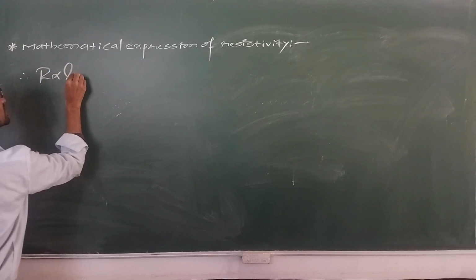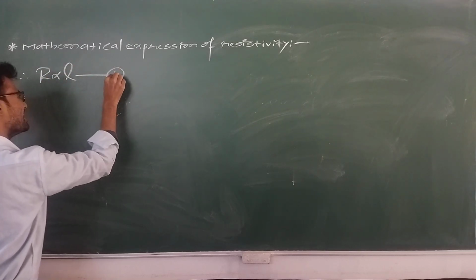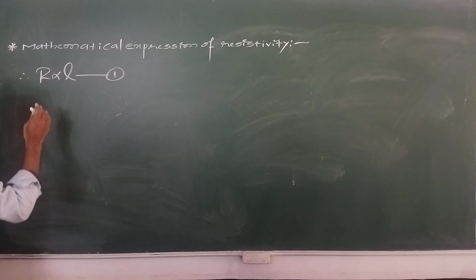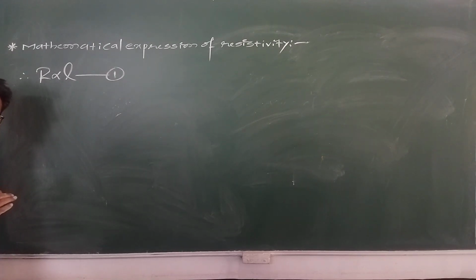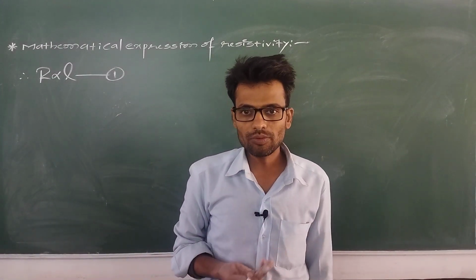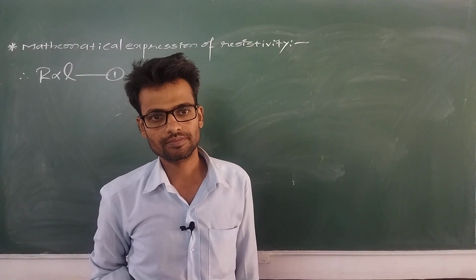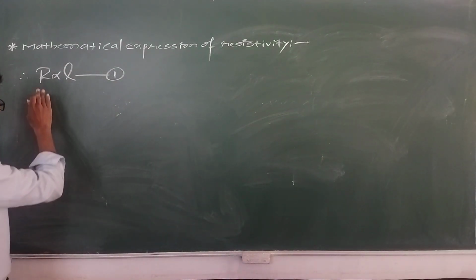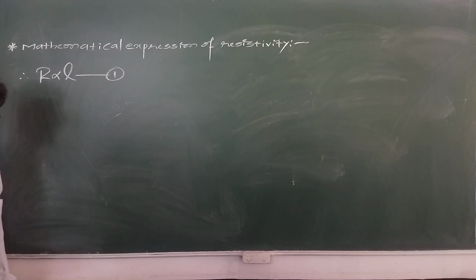It means if the length of the conductor is more, then resistance is also more. If the length is more, there will be lots of opposition to the flow of electric current. Hence, I wrote here R is directly proportional to L.